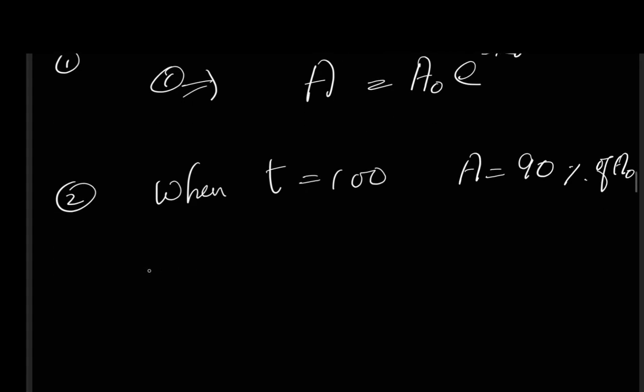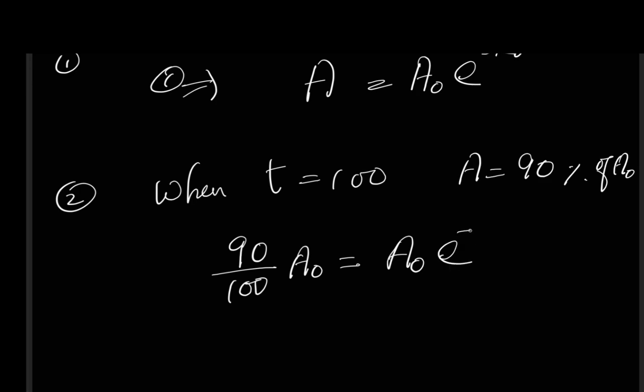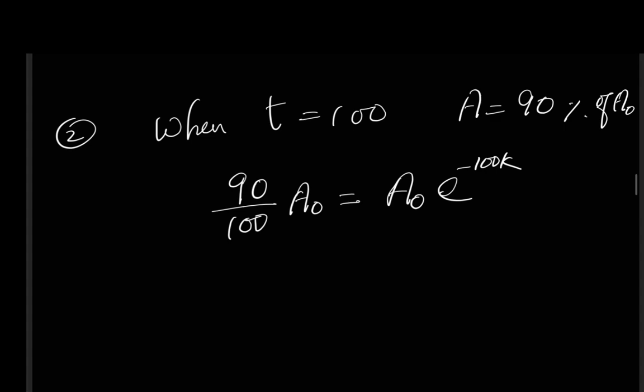Therefore, when t is 100, A is equal to 90 by 100 A0, and it is A0 e power minus 100K. So A0 cancels, and e power minus 100K is equal to 9 by 10.